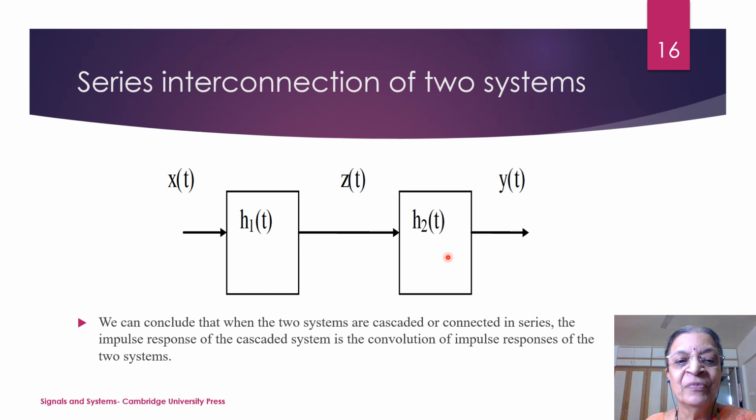That is important. So we conclude that when two systems are cascaded, the impulse response of the cascaded system is the convolution of the impulse responses of the two systems. So first convolve the two impulse responses and then find the output y(t) as the convolution of the input and the effective impulse response.